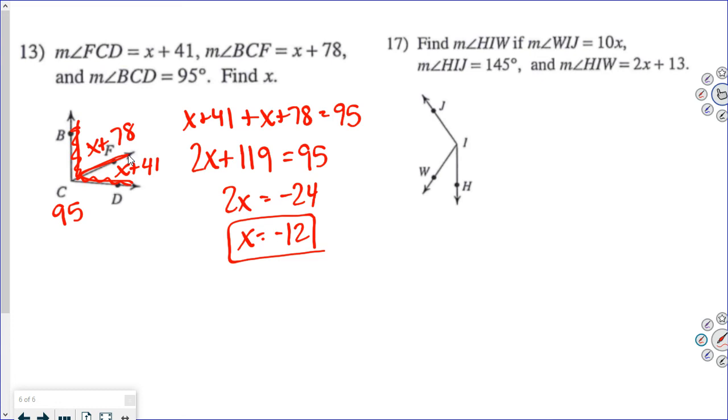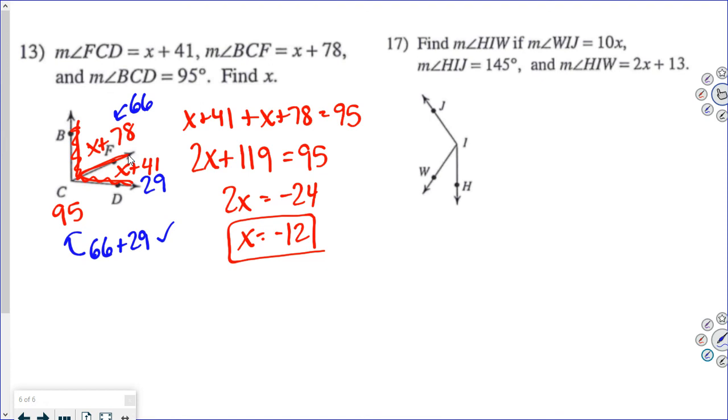If we were to plug that back in to check, just be sure the angles themselves are not negative. It's the same idea as the segment addition. If I plug that negative 12 in for the angle here, that would give us 66. If I plug in the negative 12 to the other one, that gives us 29, and 66 plus 29 does give us that 95, so it does check.